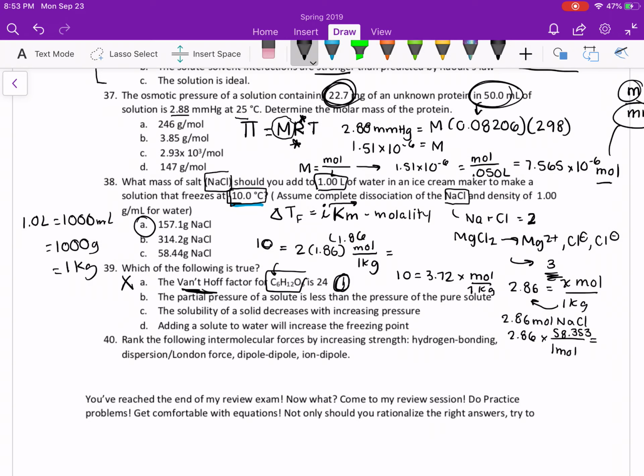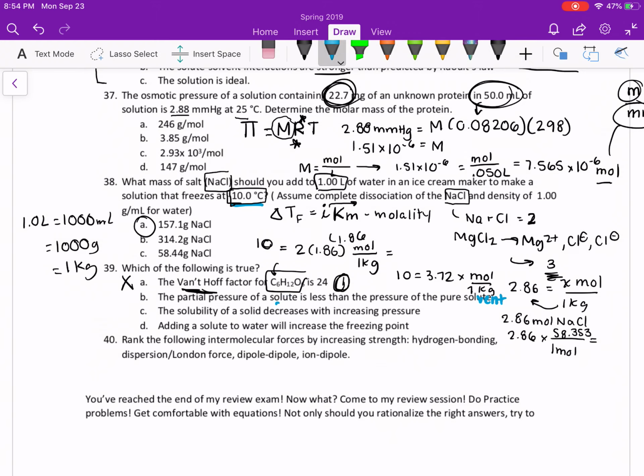The partial pressure of a solute is less than the pressure of the pure solute. Well, this wording is kind of off. I would think solvent versus solute. So the partial pressure of a solvent is less than the pressure of the pure solvent. Maybe solution, I don't know.